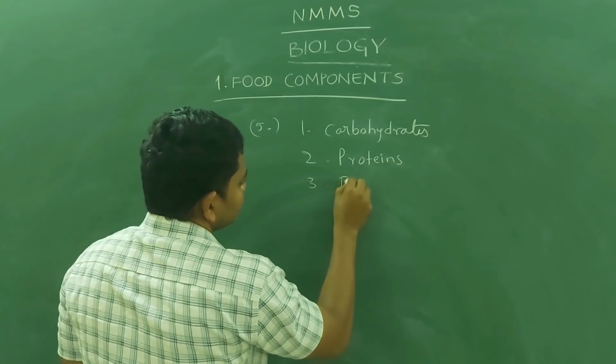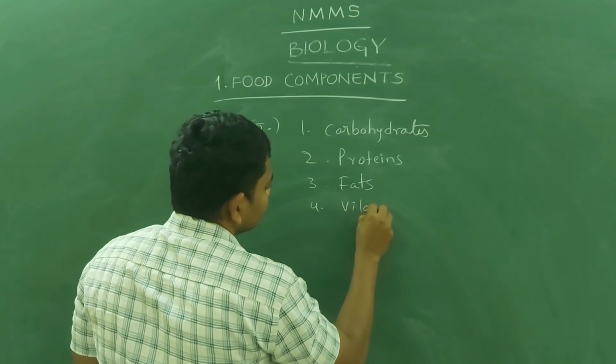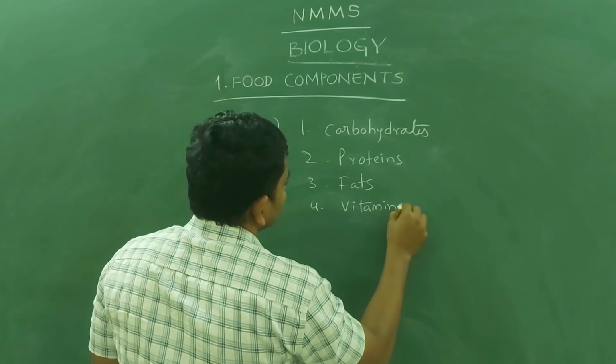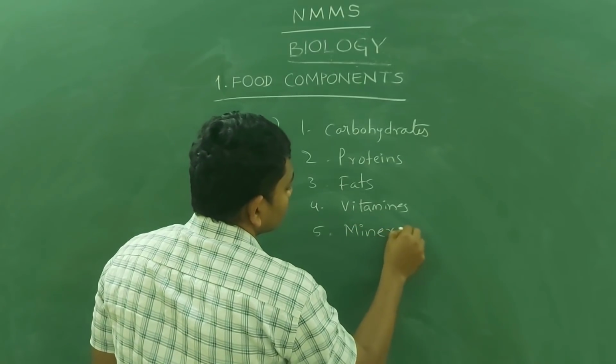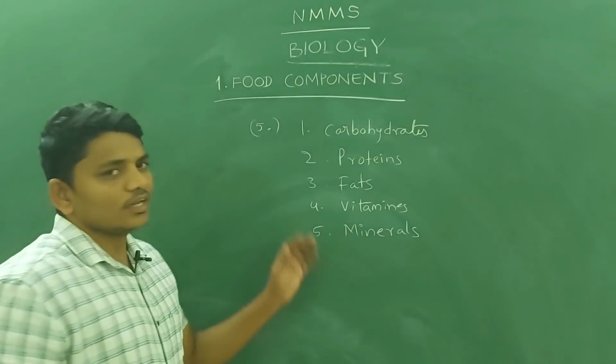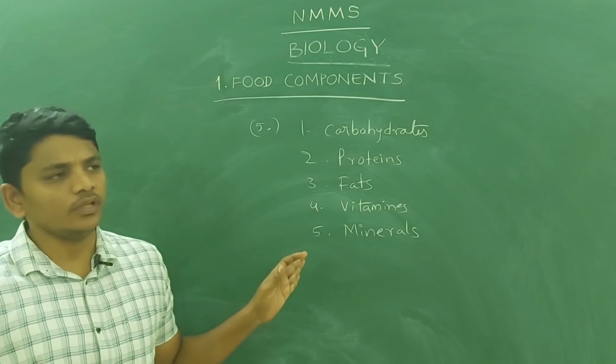The third one is fats, vitamins and minerals. These are the 5 components which are very essential for our body.